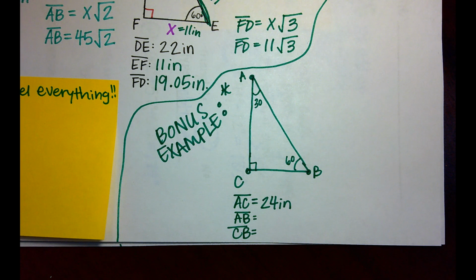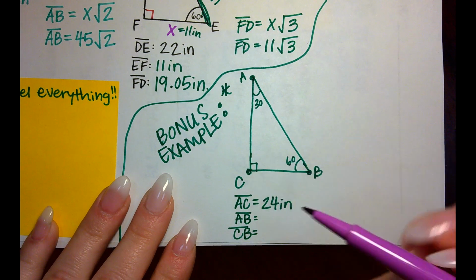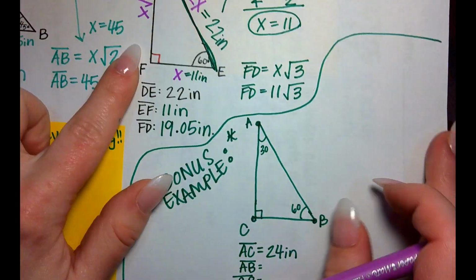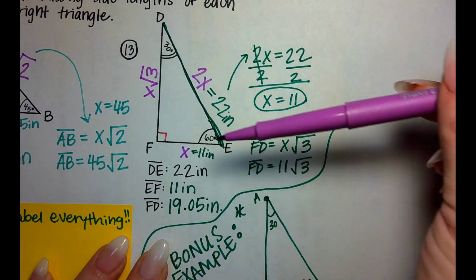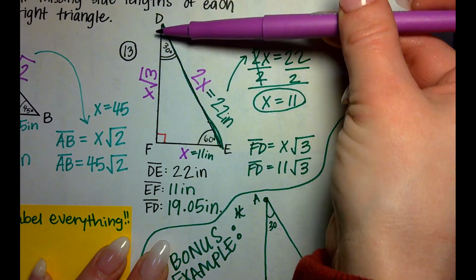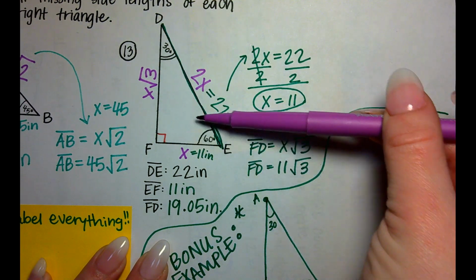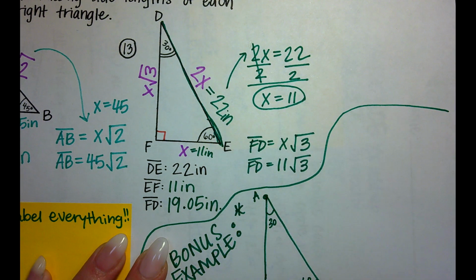The x's, good. In between A and C. Let's check our guide. Here's a 30, 60, 90 triangle here. On my long end, that's right across from the 60-degree angle, we have x radical 3.